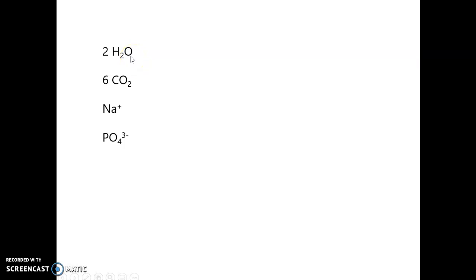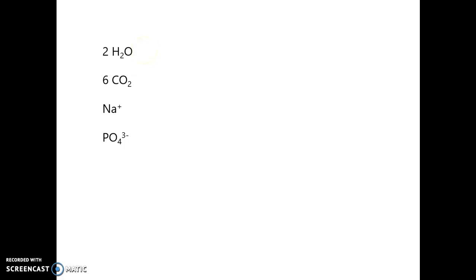But when you have more than one of a particular atom, you designate it with a subscript 2. So one molecule of water would just be H2O. 2 molecules of water, to designate that, we put a 2 in front of the molecule. So 2H2O means you have 2 water molecules.